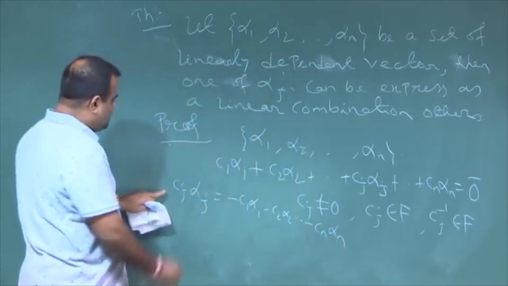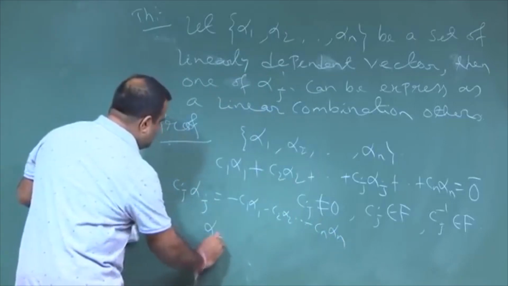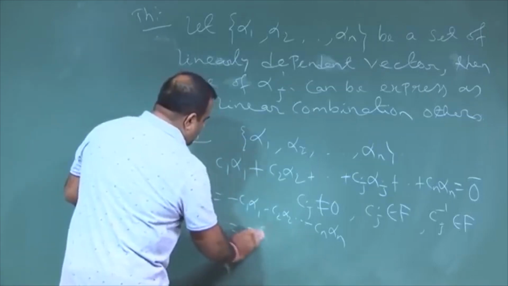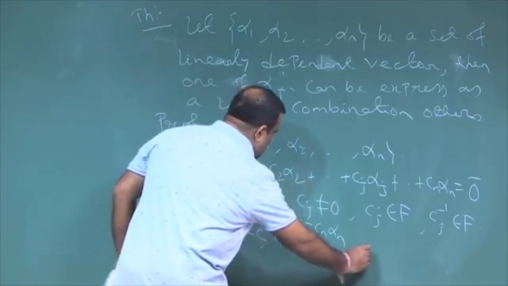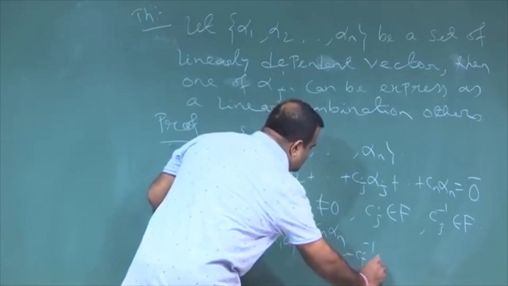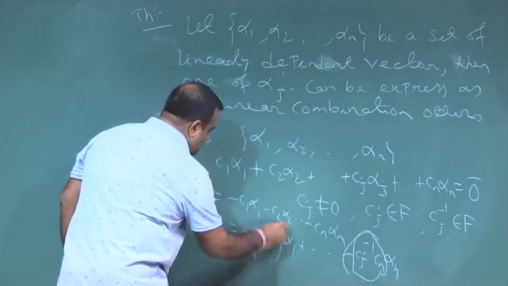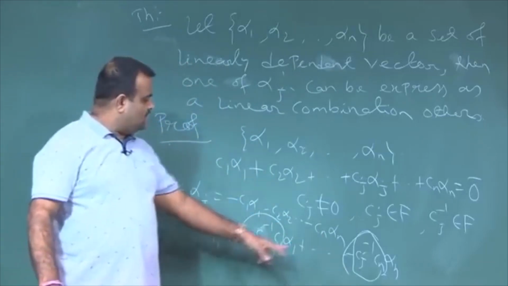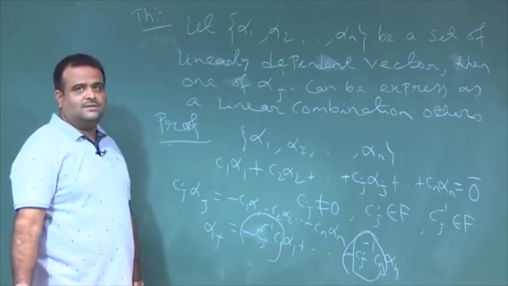Now, the inverse exists, so we multiply both sides by Cj inverse. This will cancel out, and it will give us alpha j is minus Cj inverse C1 alpha 1 ... minus Cj inverse Cn alpha n. These are all basically scalar quantities, say d1, d2, ..., dn. So, alpha j can be written as a linear combination of the others. Thank you.